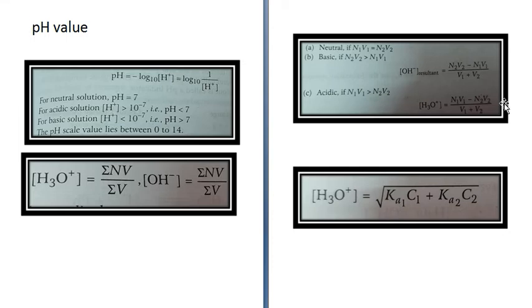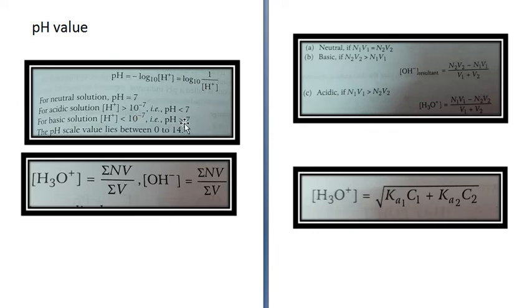For a neutral solution, pH is 7. For an acidic solution, the concentration of H+ is greater than 10^-7, so pH should be less than 7. For a basic solution, the concentration of H+ ions is less than 10^-7, so pH should be greater than 7.